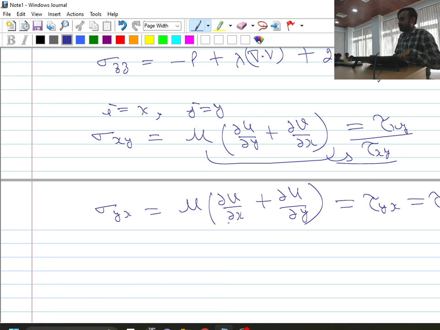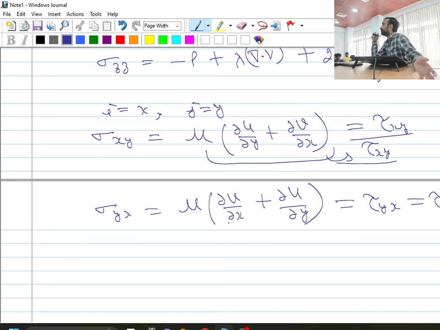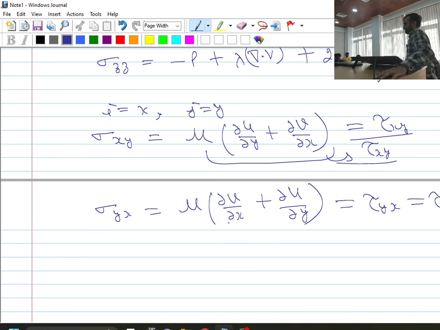This means that the shear contribution of the viscous stresses is symmetric. The symmetric part of the stress tensor is called the deviatoric stress tensor.